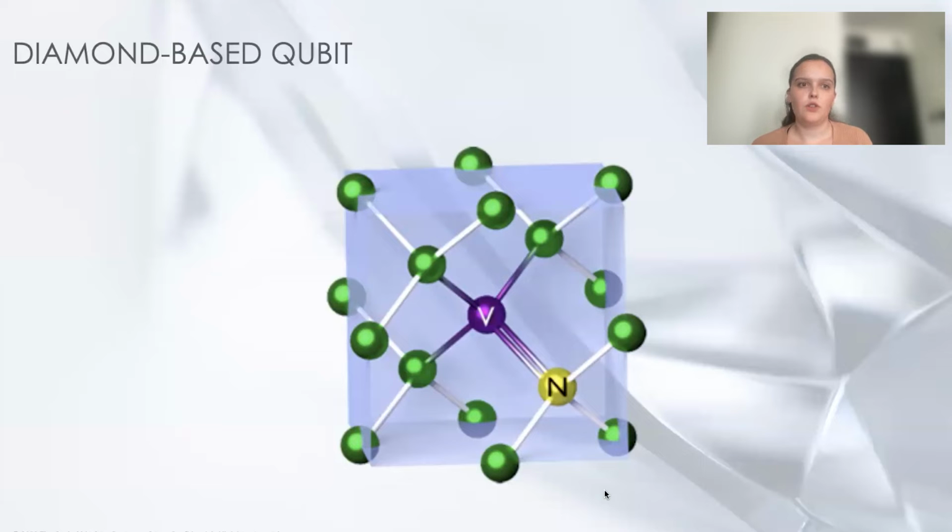What's quite interesting about a diamond-based qubit is that diamonds, as we know, are very strong materials. What diamond-based qubits have is they're able to stay in an interesting state for longer than lots of other types of qubits, and they're able to work at room temperature, which many other different types of quantum computers are not able to.